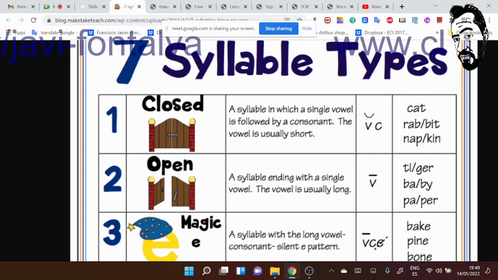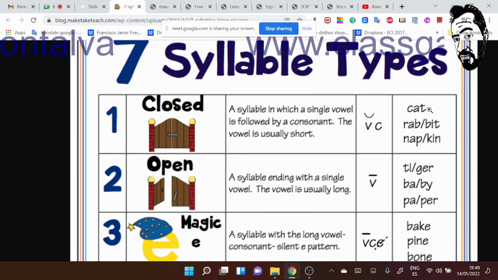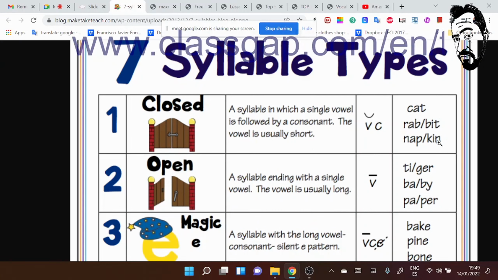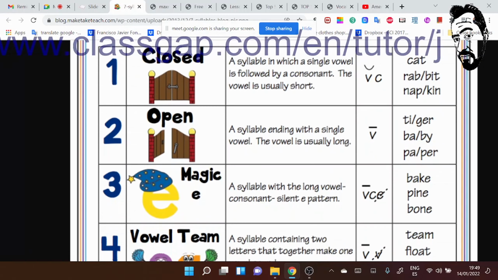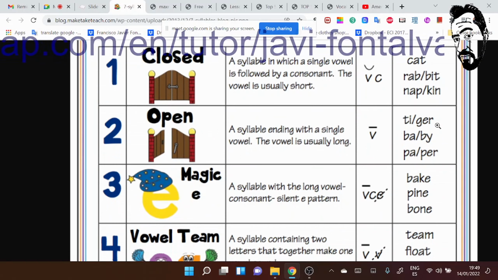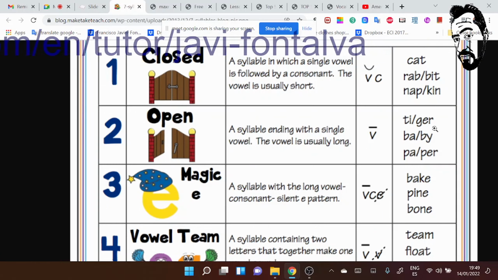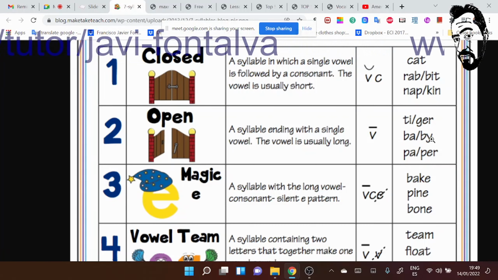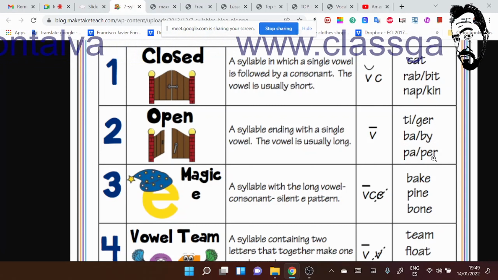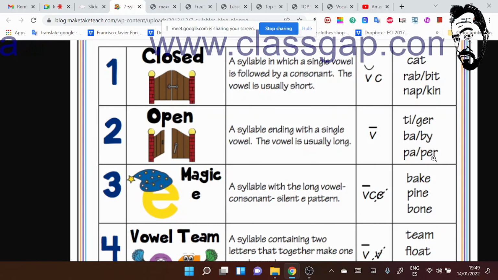So let me show you again. I'm gonna recap. So you have closed syllable. For example, cat, rabbit, napkin. Okay? Open syllable. For example, tiger. So remember, it's about the syllable, not the word, okay? Tiger, baby, paper. So notice how I read the vowel in the middle.